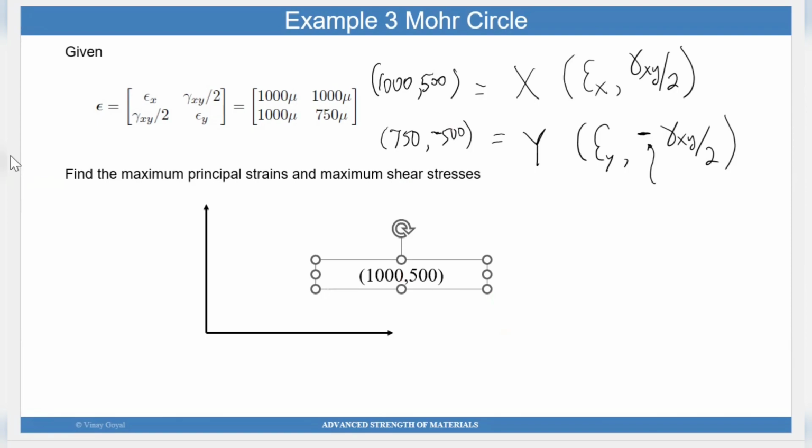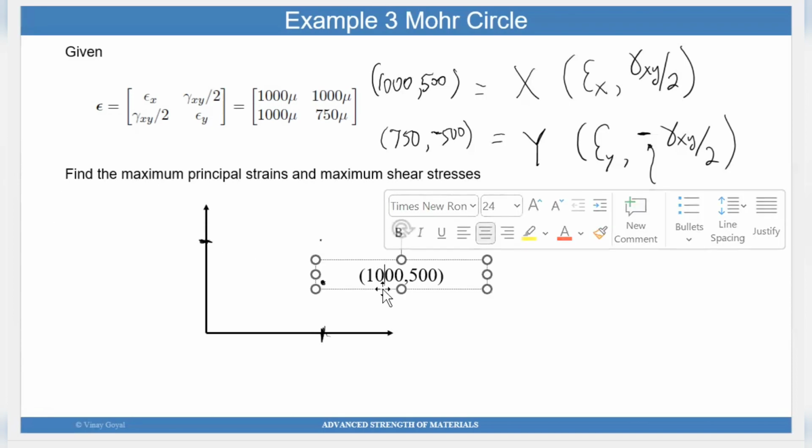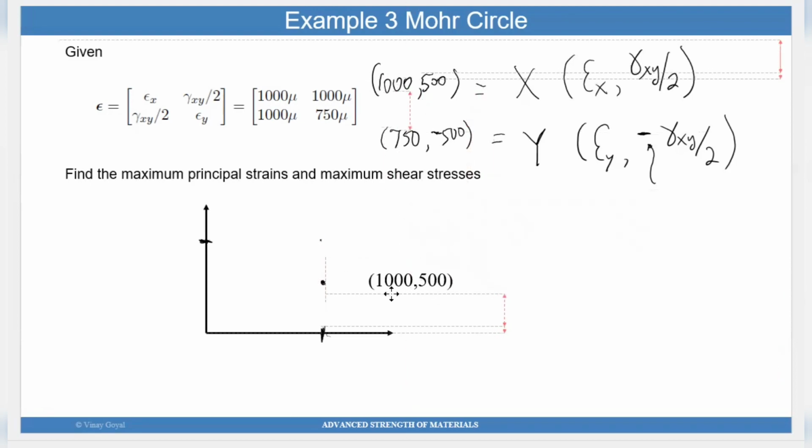I put a marker here. For 1,000, 1,000 is over here somewhere. So I put my X there.